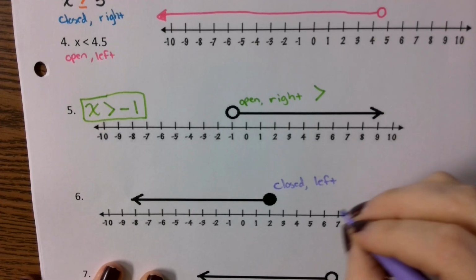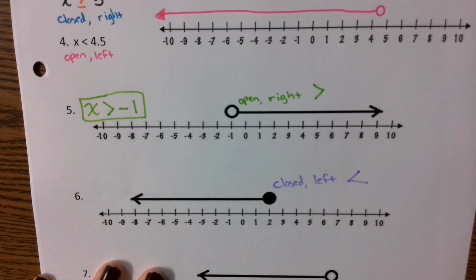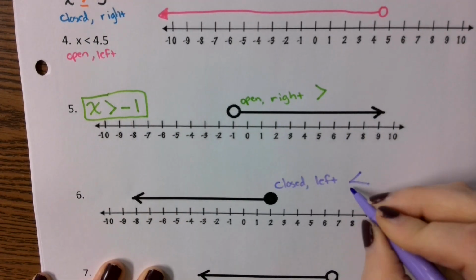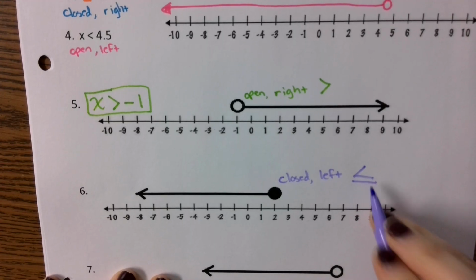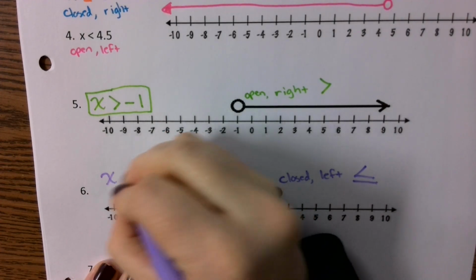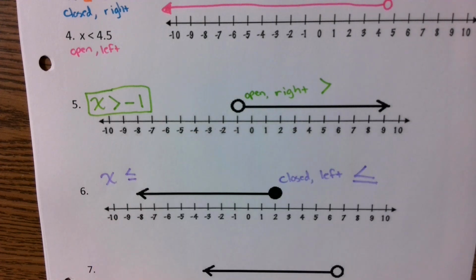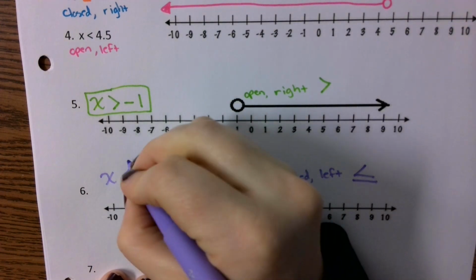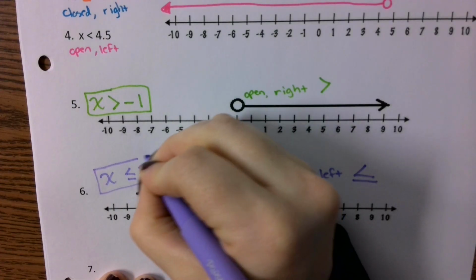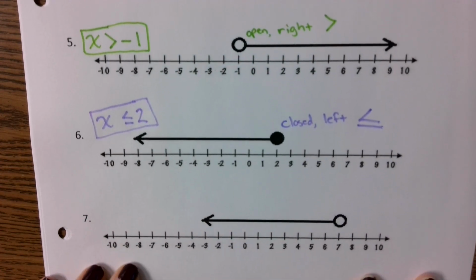Less than or equal to. This is a less than or equal to, so it has to have the line underneath it. So we're going to have x is less than or equal to, and then the value is a 2. X is less than or equal to 2.